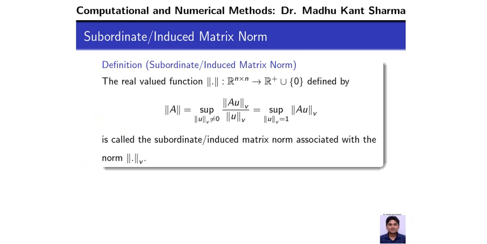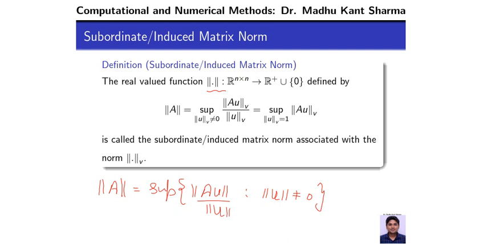You will see soon. So the norm is defined as: norm A is the supremum of norm of Au divided by norm of u, such that norm of u is non-zero.